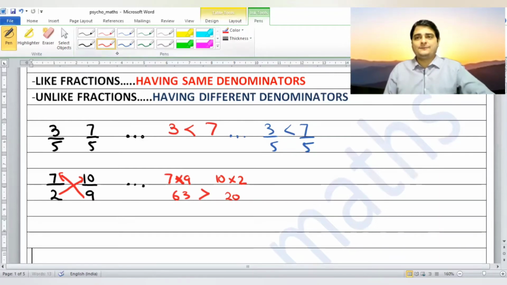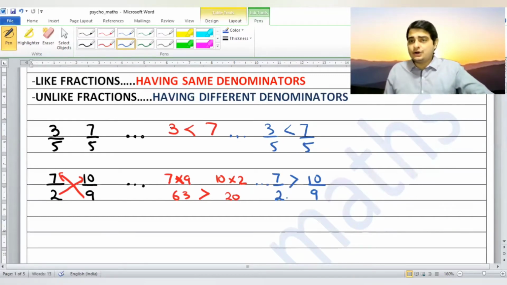Yes or no? Many of you might have got it correctly. So this 20 is the second part, which is lesser. So the second fraction is the lesser and the first fraction is greater.